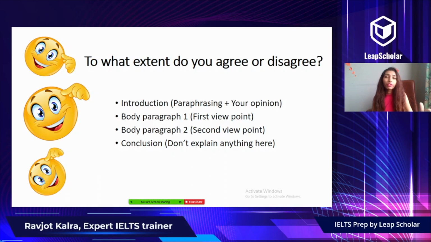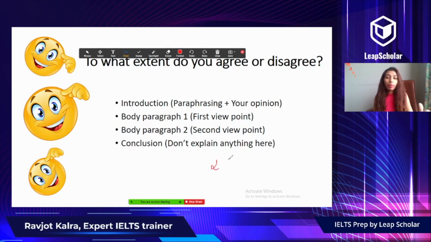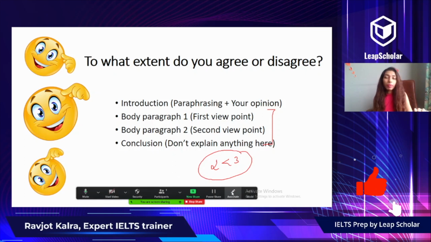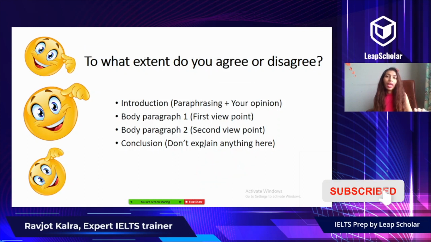The body paragraphs will always be there. You can write a minimum of 2 and a maximum of 3 body paragraphs. If you wish to add another body paragraph, you can certainly add that. So that is about the structure, where we start with the introduction and end with the conclusion.